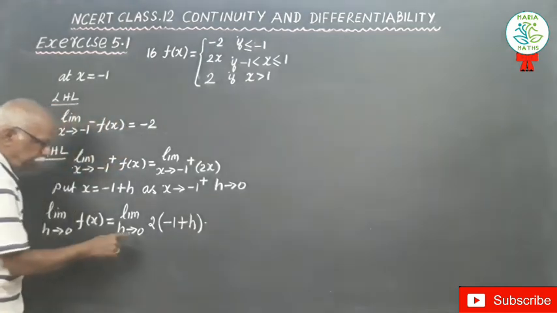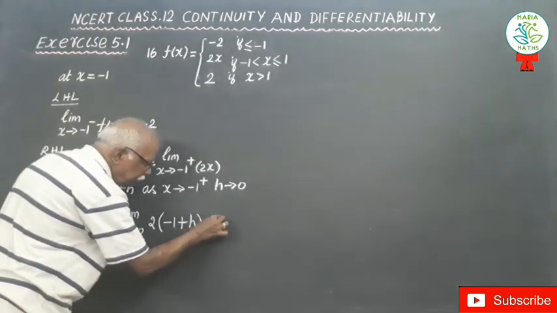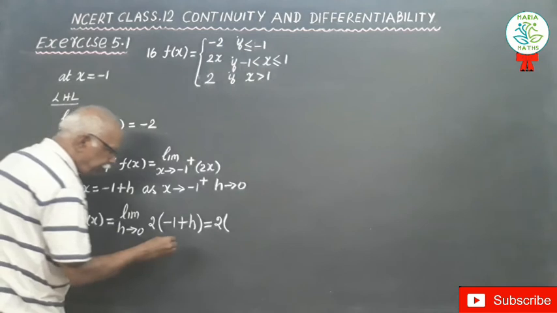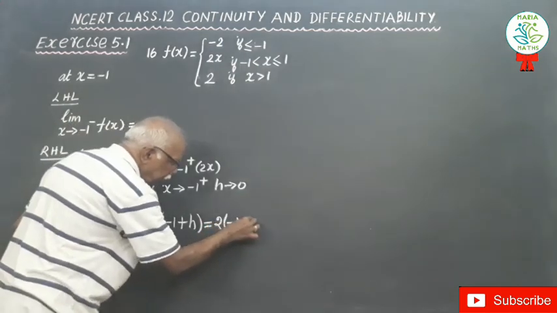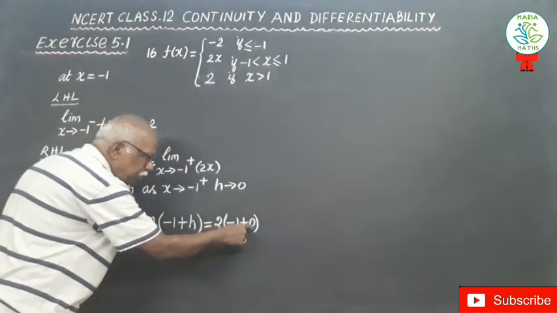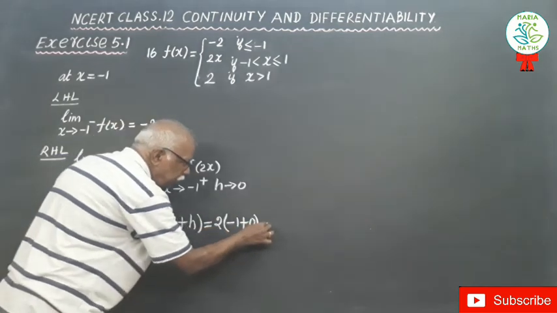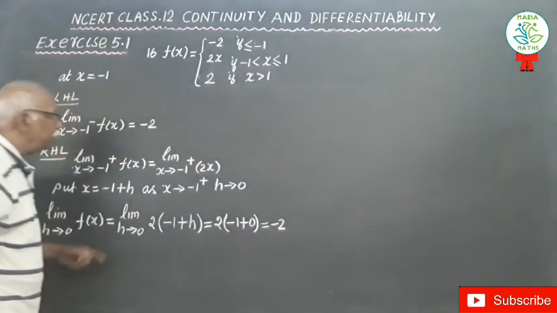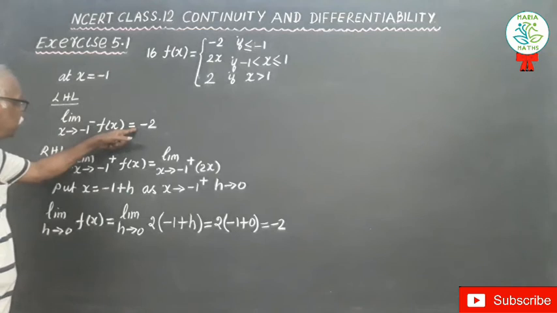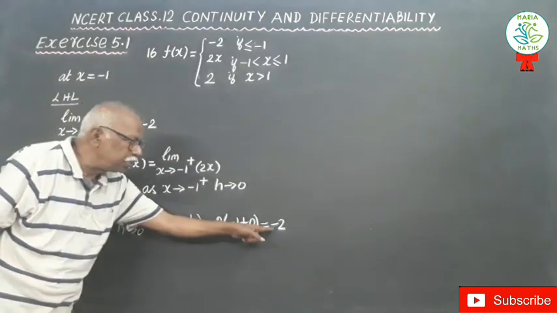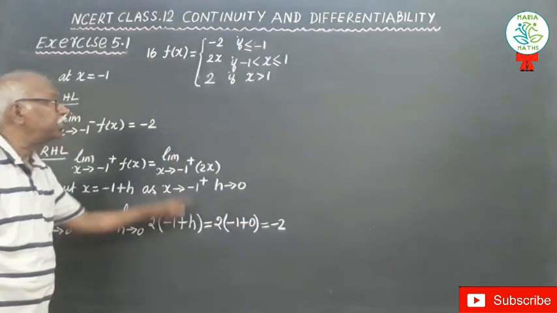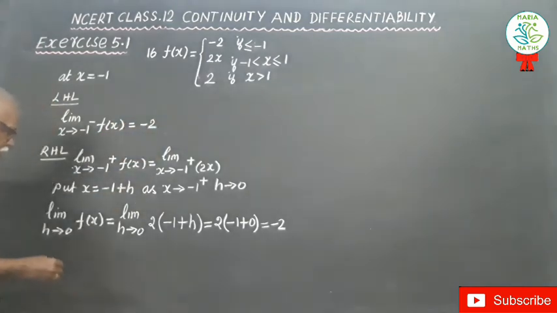Now put h is equal to 0: 2 into minus 1 plus 0, minus 1 plus 0 is minus 1, 2 into minus 1 is minus 2. See, LHL is minus 2, RHL is also minus 2, therefore the function is continuous at x is equal to minus 1.